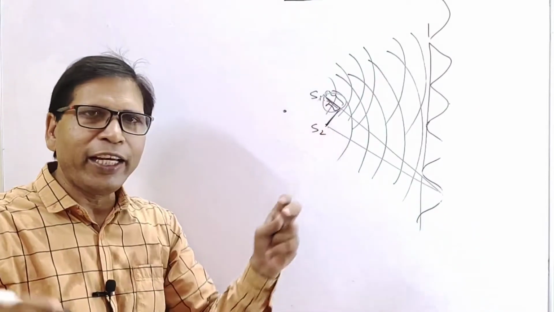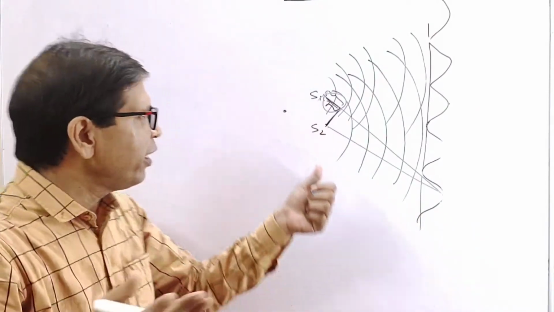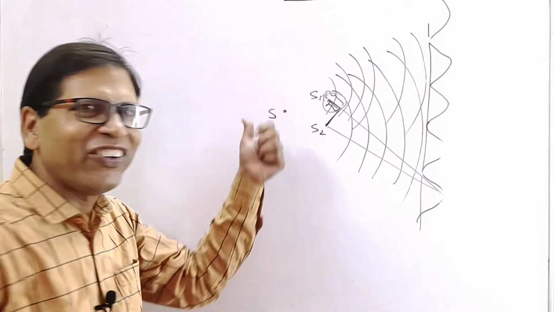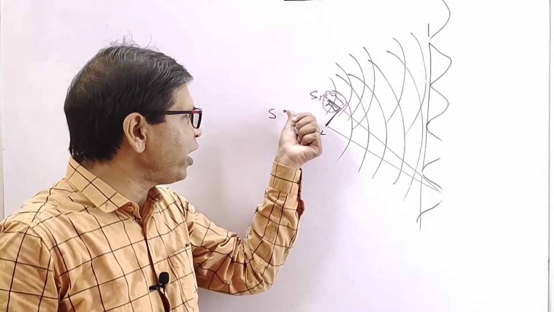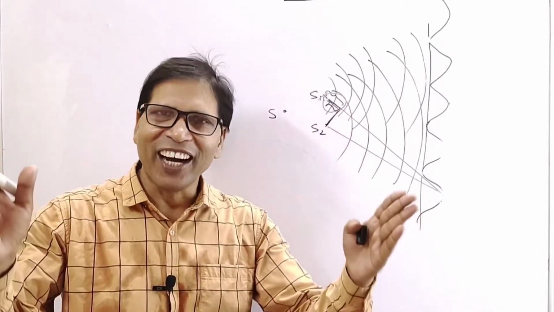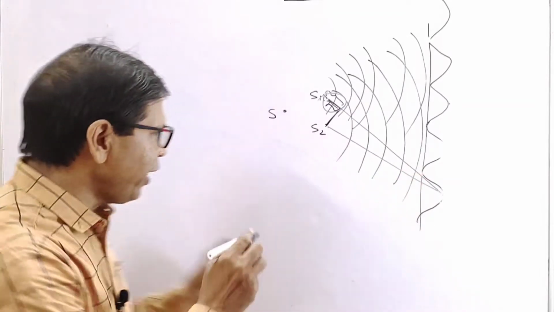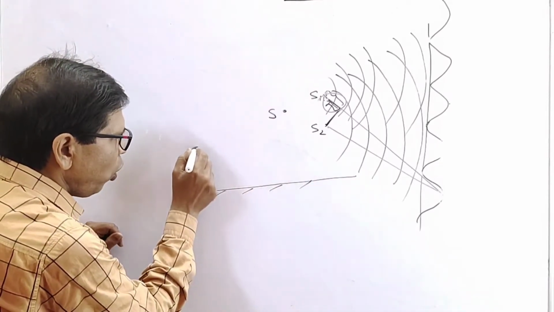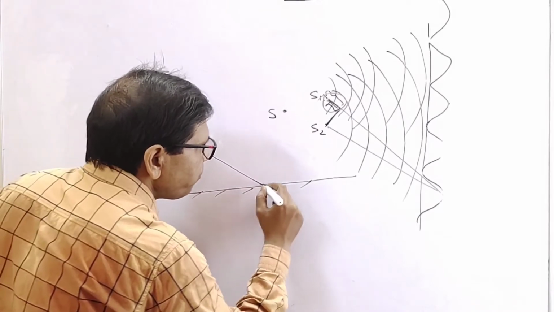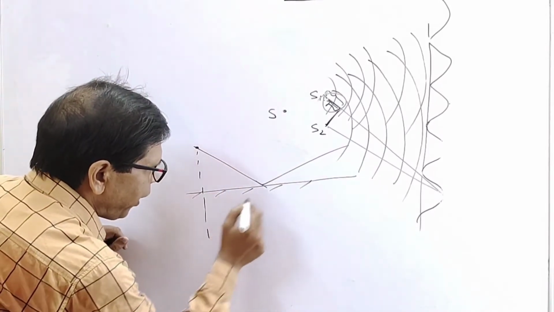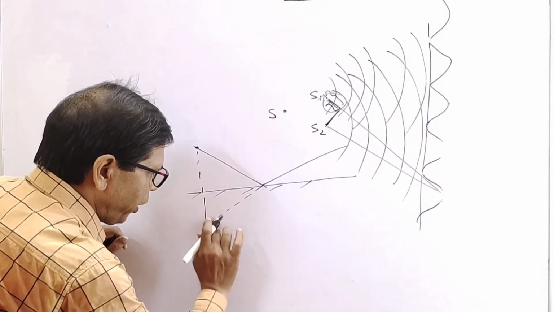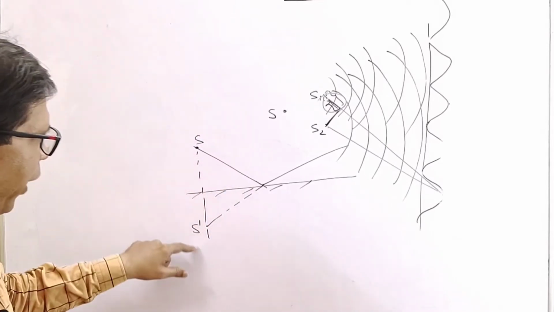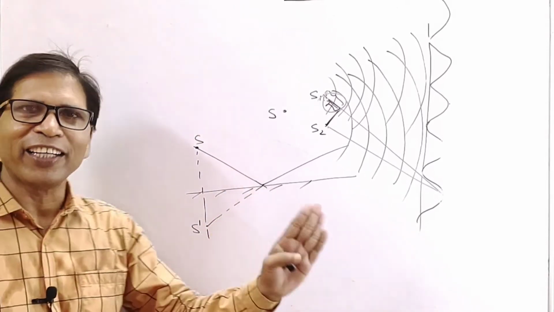In Young's double slit experiment, S1 and S2 are produced from the same monochromatic source and kept at same distance from S1 and S2. Understood? Next, in Lloyd's mirror, a source and its image formed by the mirror act as coherent sources. So this and this are the coherent sources.